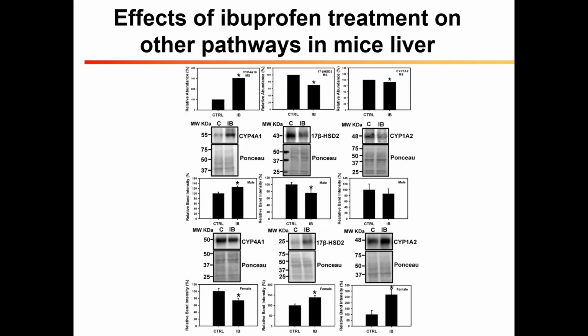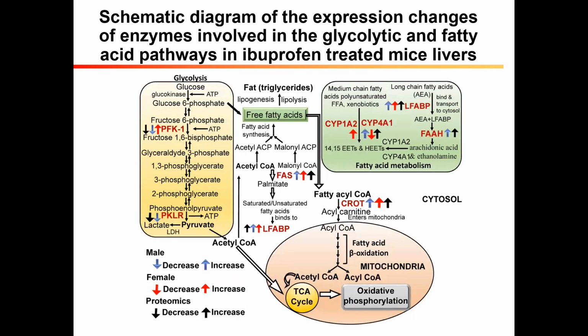So again, we really have to do a lot of sex-based studies because males and females are very different. However, when you take ibuprofen, it's given the same amount, no matter what weight you are, and no matter whether you're male or female. And we envision that 10 years from now, that will probably change.